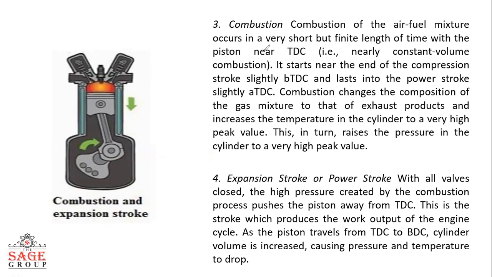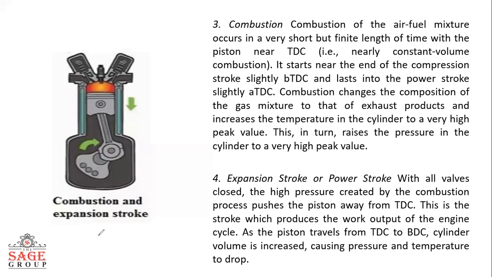Since all the valves are closed during this stage, the high pressure created because of the combustion pushes the piston away from top dead center, and the piston now starts moving from top dead center to bottom dead center. This is the stroke in which we get the useful work output of the engine cycle.